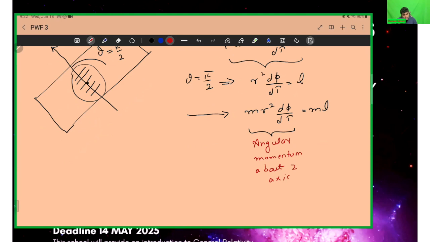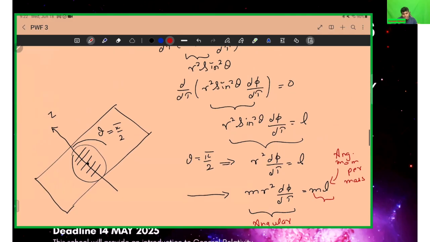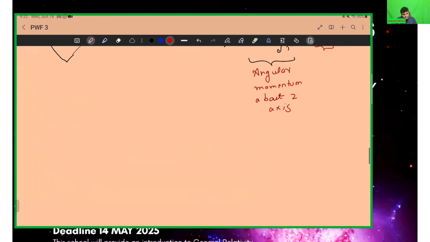All right? And you can see that this is equal to a constant, right? Which means that this l is just angular momentum per unit mass, or per mass, right? So this equation, the geodesic equation in the phi component, tells you that the angular momentum in the phi direction, or the angular momentum about the z-axis, should be conserved. So it's nothing more than angular momentum conservation.